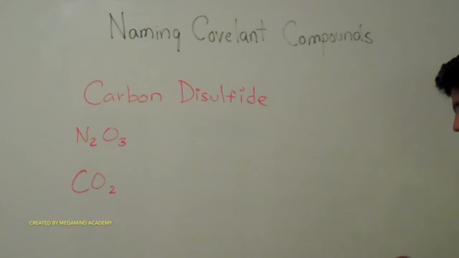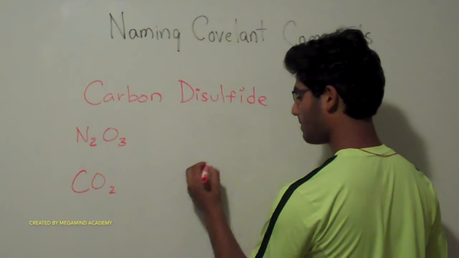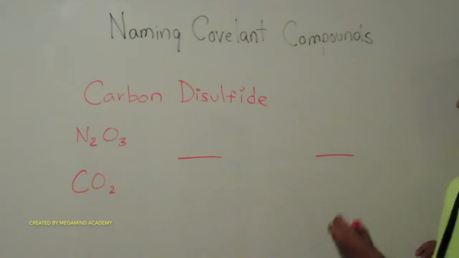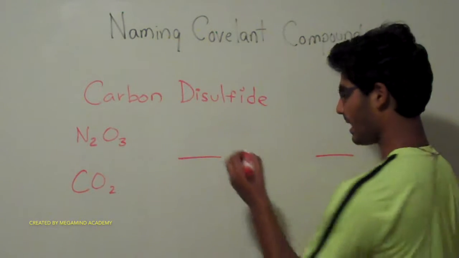So when we name them, we have for both of them a prefix. Then in the first one, we have the name of the nonmetal.